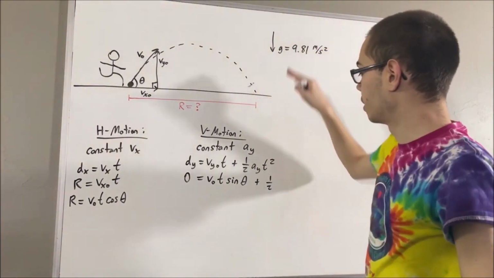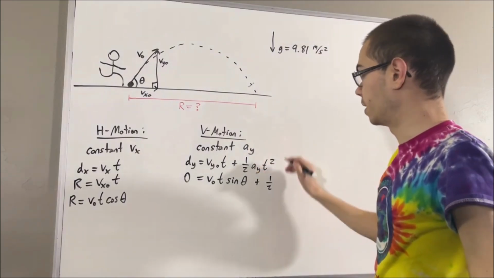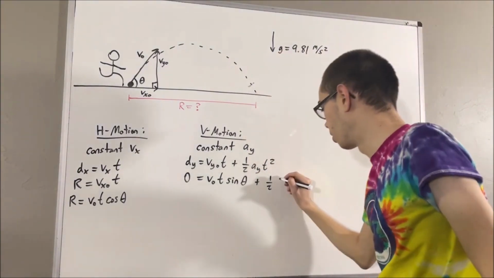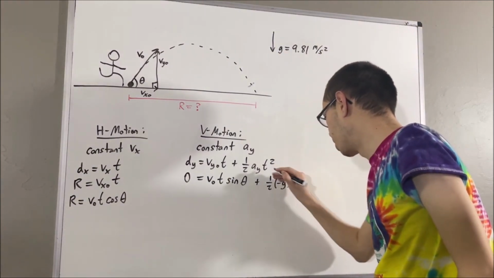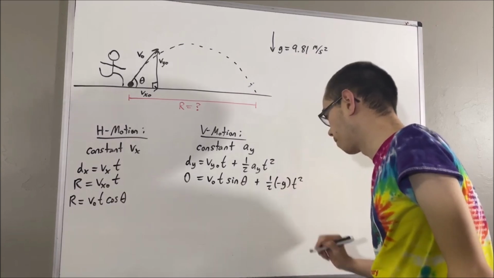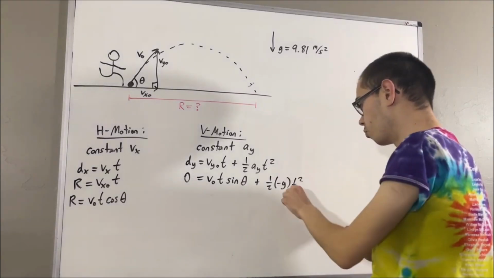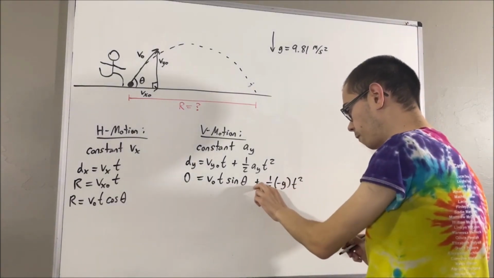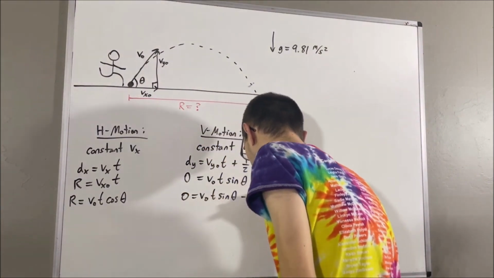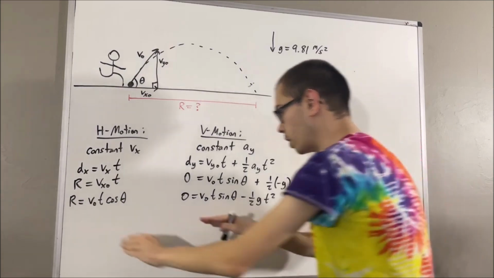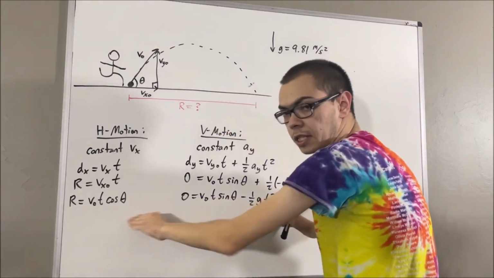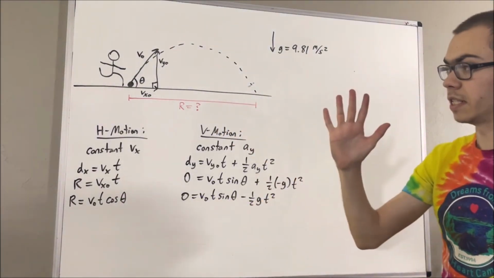So the vertical acceleration is going to be the negative of g, so I'm going to replace that with negative g. And this is multiplied by t squared. So now, let's pull the minus sign out to the front. So we get this.